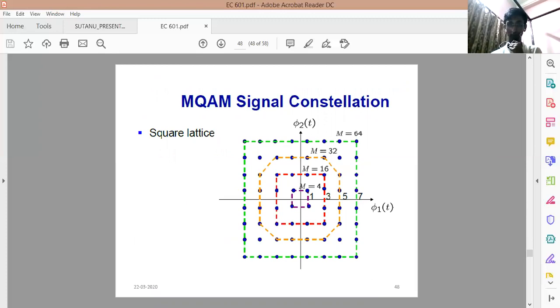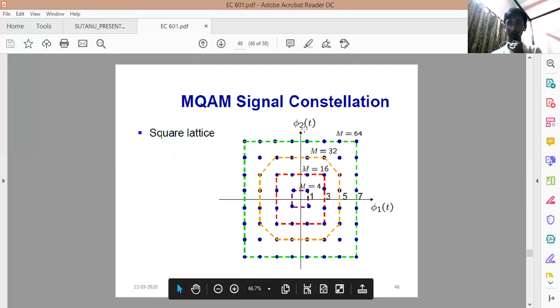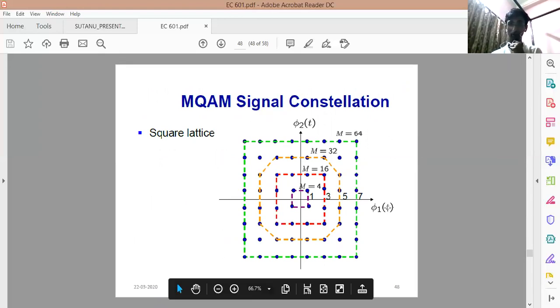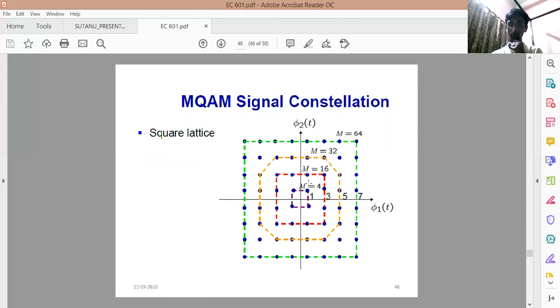This is the square lattice figure. One in-phase component and one quadrature component. It is 64 QAM when the block is larger. When the block is quite smaller, you get 32 points, next 16 points, after that 8 points, and the last one is no more 8 points. 8 points means obviously 8 PSK may be implemented, but it is not possible for MQAM.